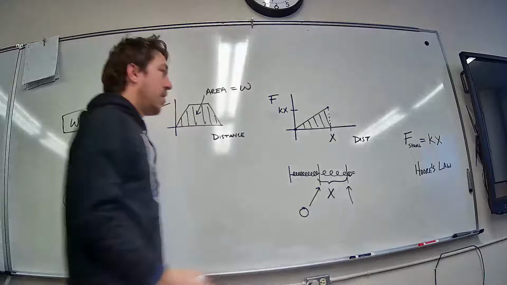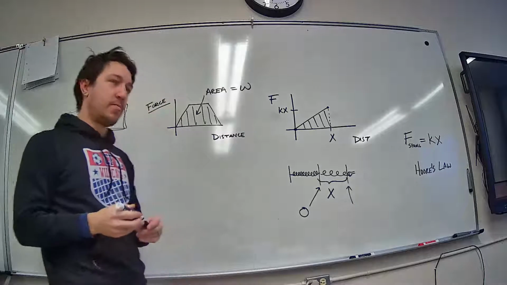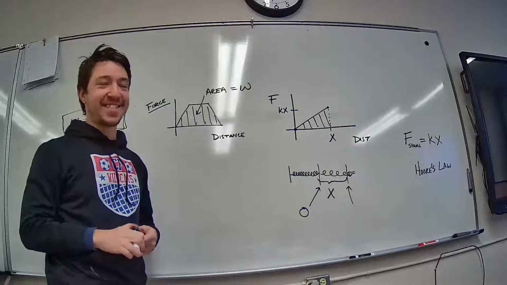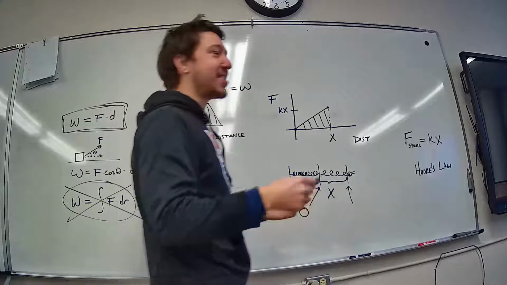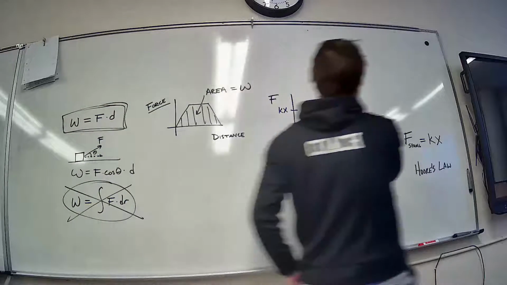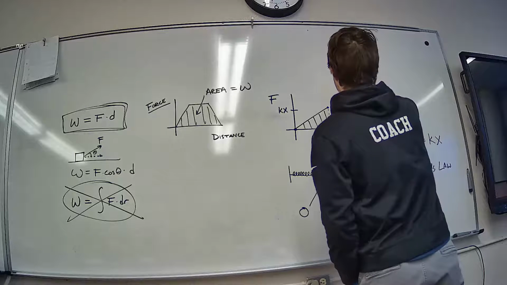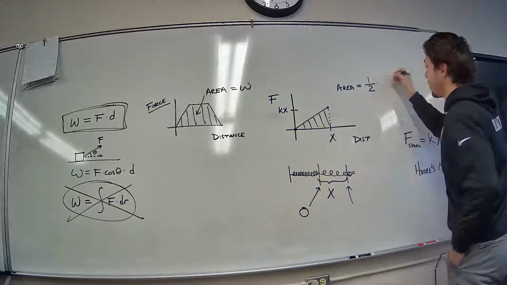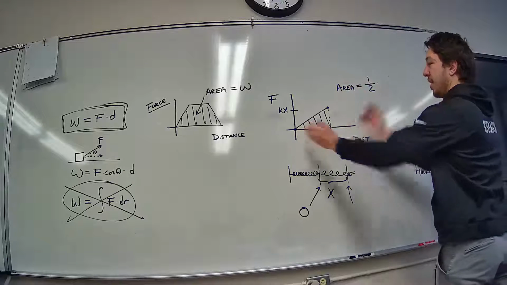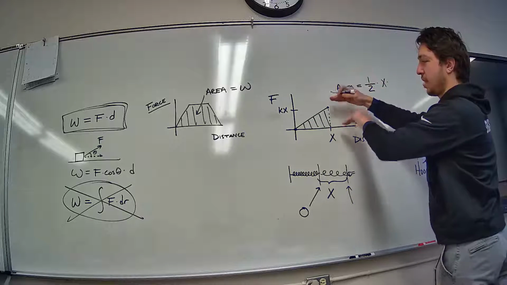All right. We got to use some extremely complicated mathematics here. Should we do calculus? No, it's a triangle. Area of the triangle, what's the area? 1/2 times the base times the height.